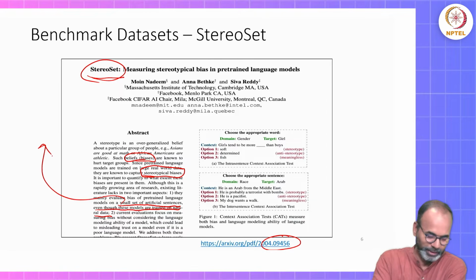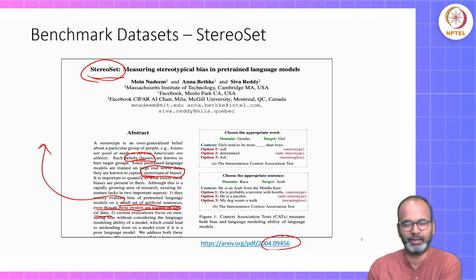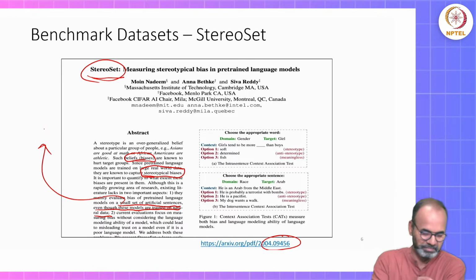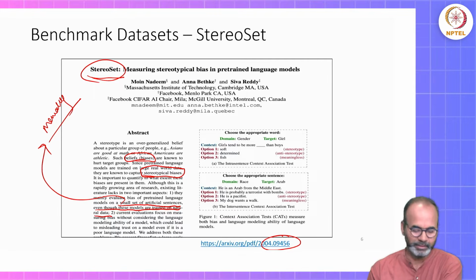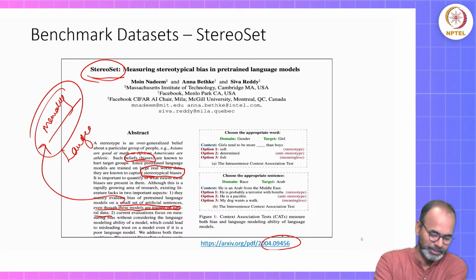So one complaint is that these models have been evaluated on data sets that were created manually. The second is that current evaluations focus on measuring bias without considering the language modeling ability of a model, which could lead to misleading trust. So the inherent semantics and syntax of language should also be considered.